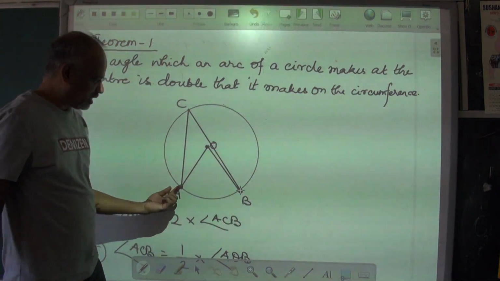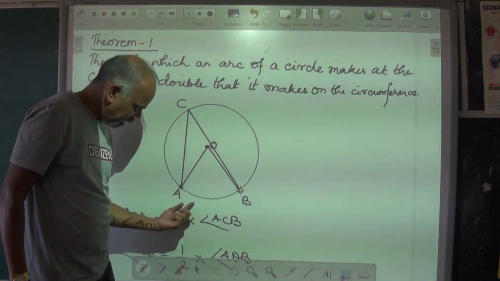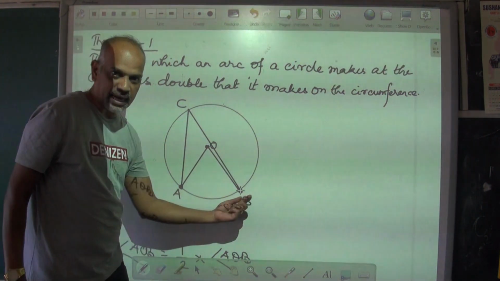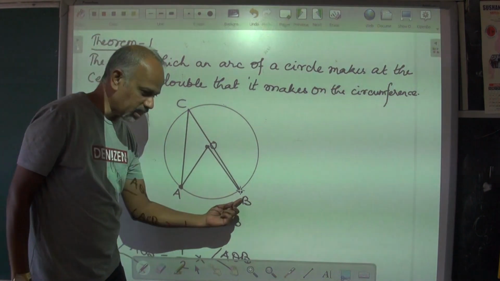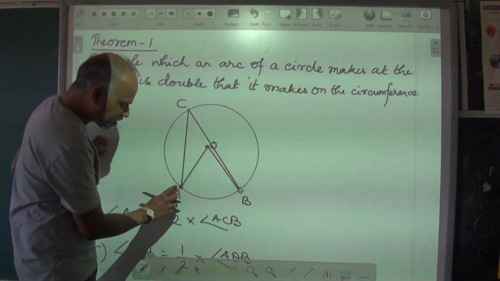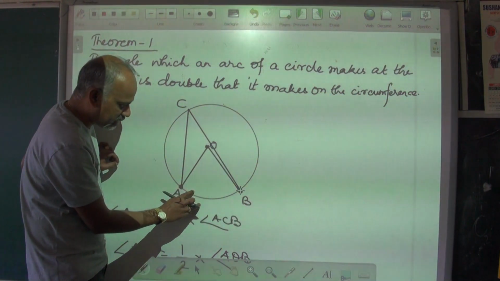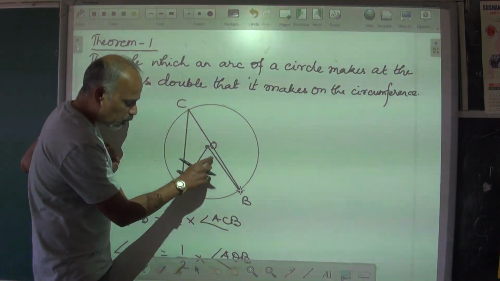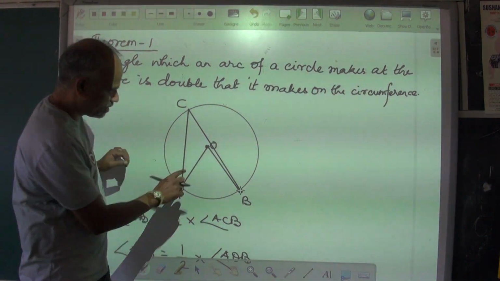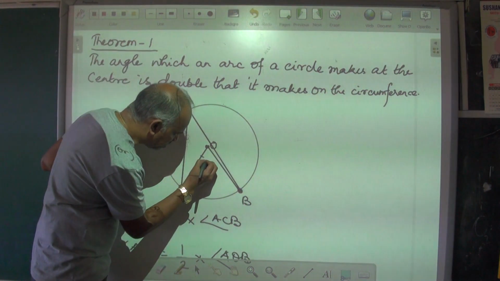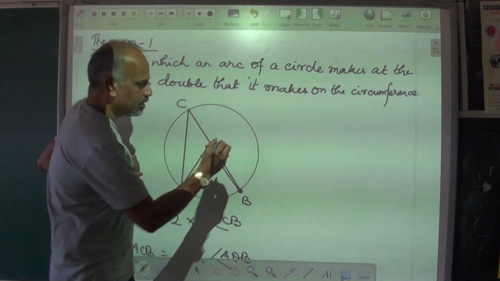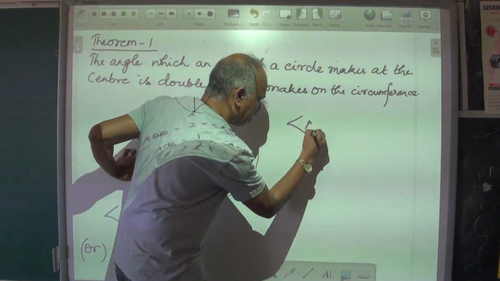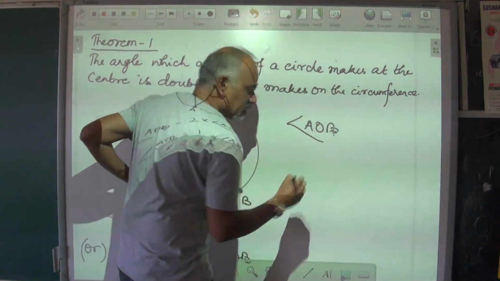When these 2 points are fixed, this AB is called an arc. This is arc AB. And this arc AB makes an angle at the center, that is AOB. The angle made is here. Name of this angle is angle AOB.